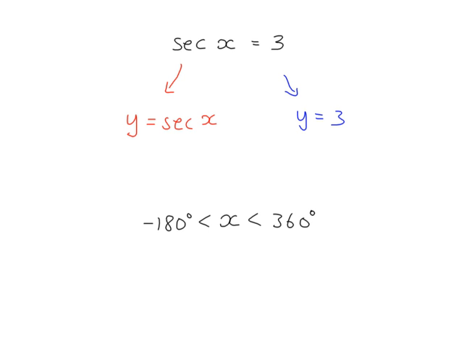Now we're going to look at the graphical solution to this equation. Secant x is equal to 3.